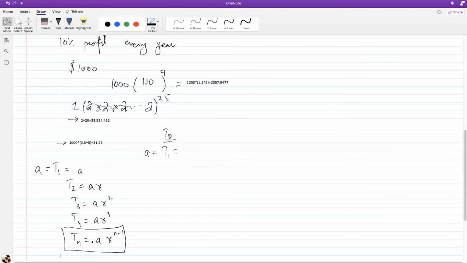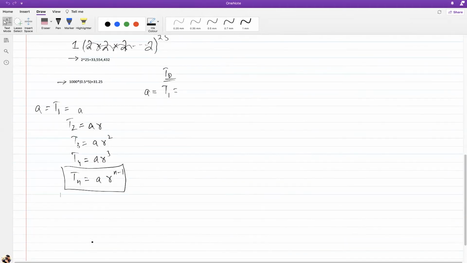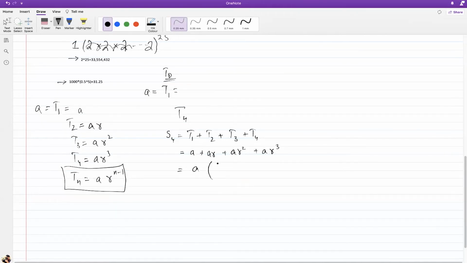Now, how do we get the sum of these terms? Let's suppose I want to sum up all the terms, from term number 1 all the way to term number 4. I'm adding them all. If I do that, I get a plus a into r plus a into r squared plus a into r cubed. Looking at this, I can take a common, which gives me a times 1 plus r plus r squared plus r cubed.